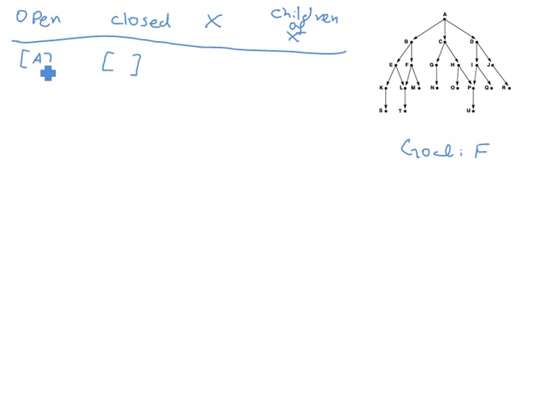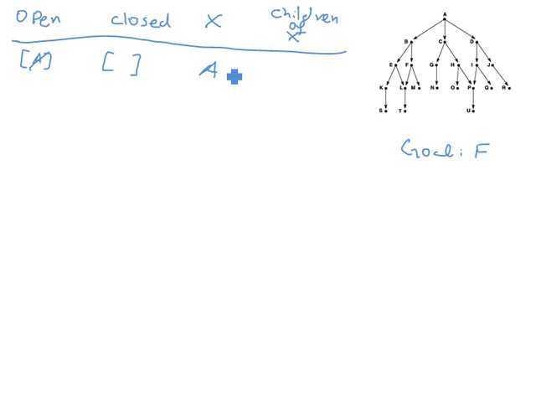In this case, we already have our start node, so it's not empty. So we're going to go into the loop, and we're going to remove A from open and put it in x, which is like a temporary location to hold our current state. So we're going to put A in x there.